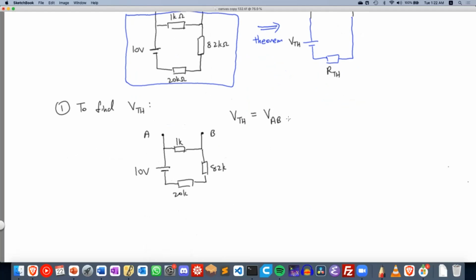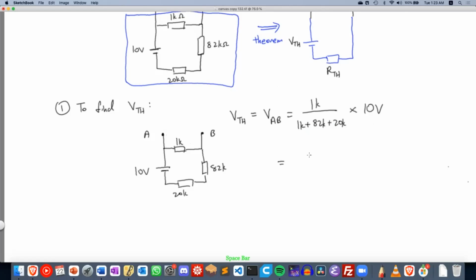To calculate that, we can use the voltage divider formula, because your 1K is in this series circuit, and your VAB is the potential across 1K. So you can take 1K over 1K plus 82K plus 20K. The denominator is the total resistance, the numerator is the one we're interested in finding the potential across, and we take 10 volts.